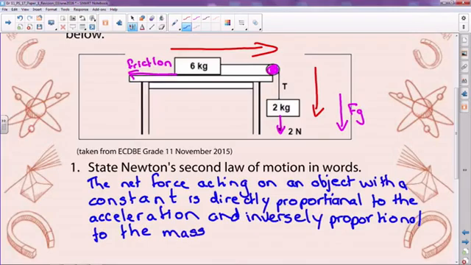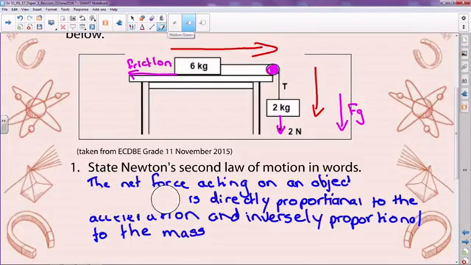And I've left out a word here. Net force acting on an object with a constant mass. So let's take out that. Net force acting on an object is directly proportional to the acceleration.